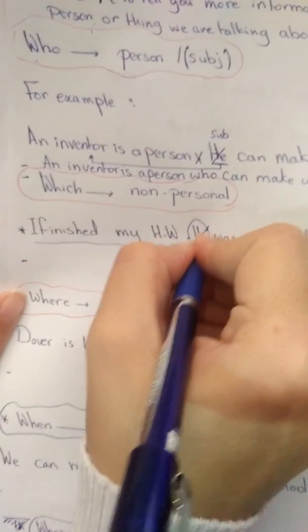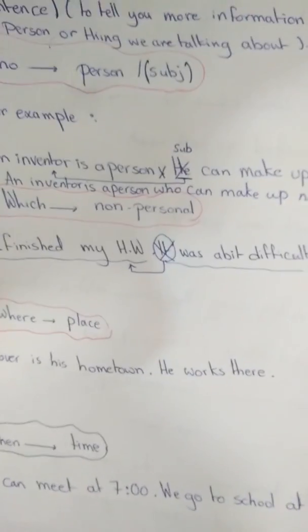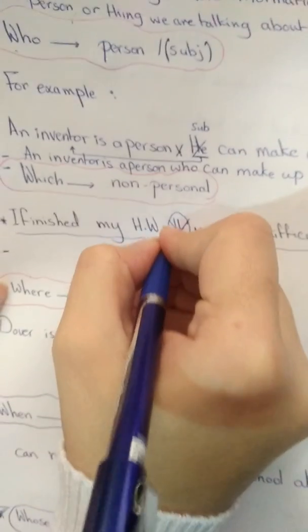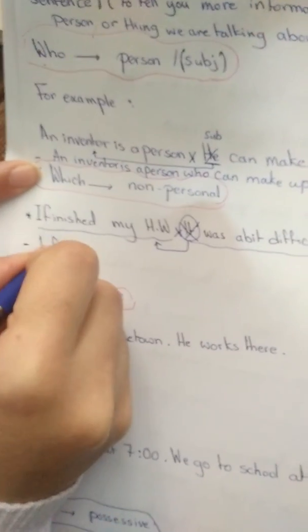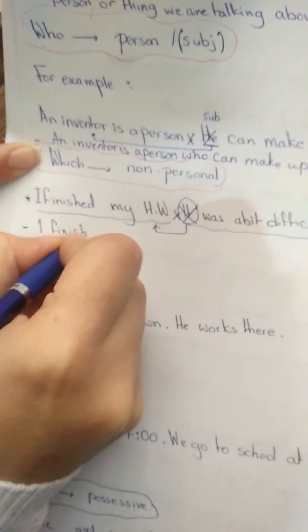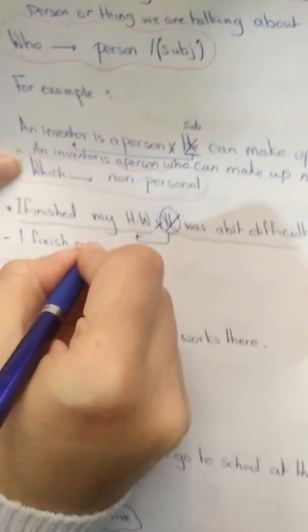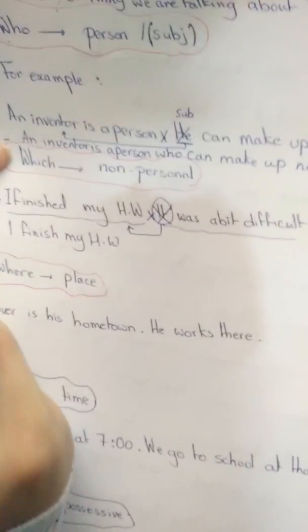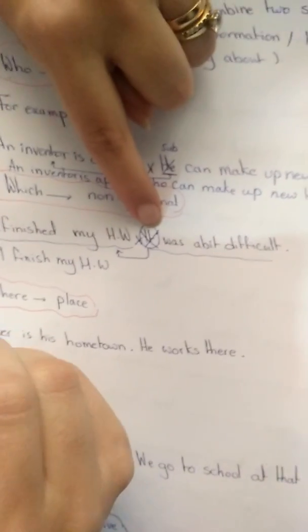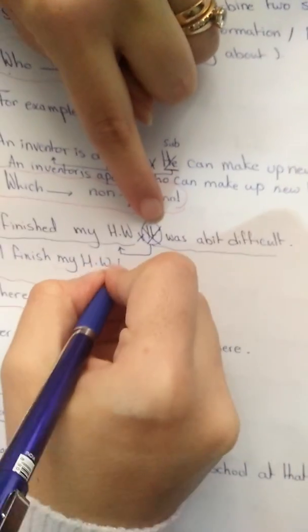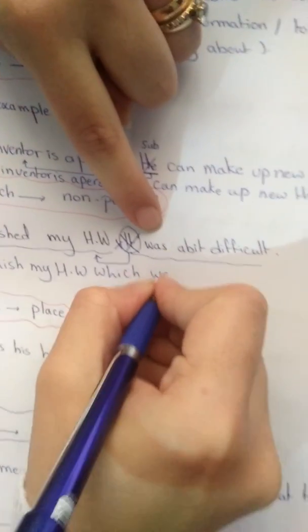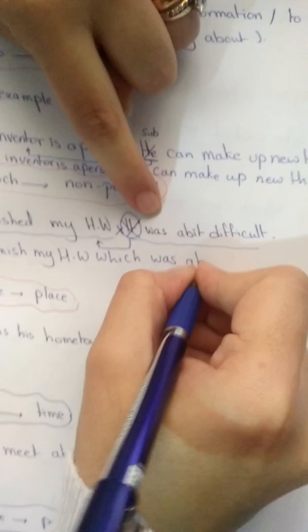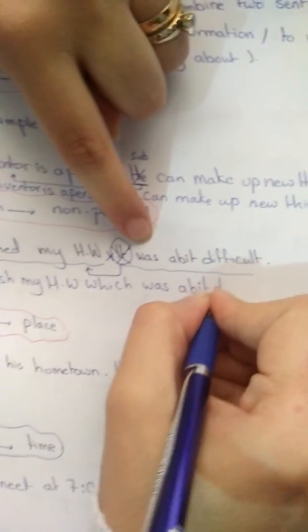It is non-personal. We delete it and the dot. I finished my homework. Because it is non-personal, we replace it with which: which was a bit difficult.